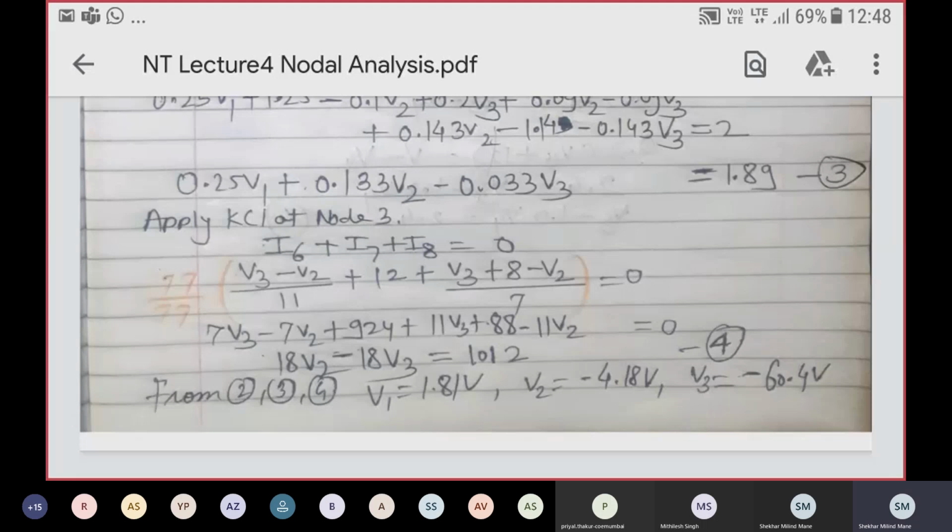In this way, I simplify this equation and I got equation number 4. So from equation number 2, equation number 3 and equation number 4, we get the values of V1, V2 and V3.